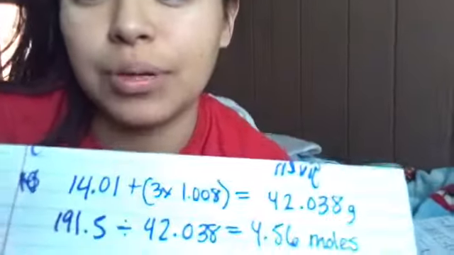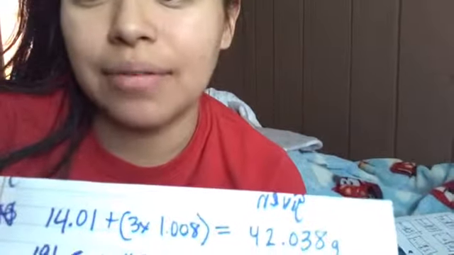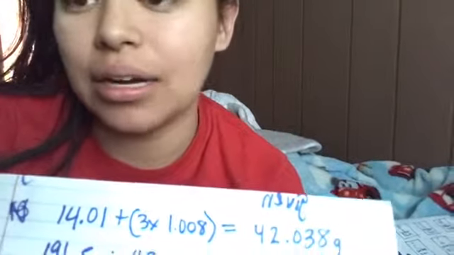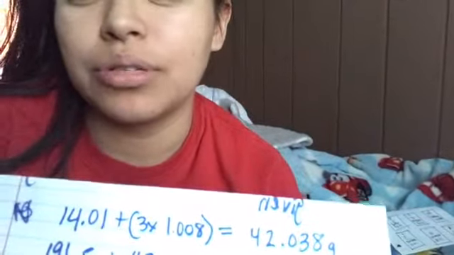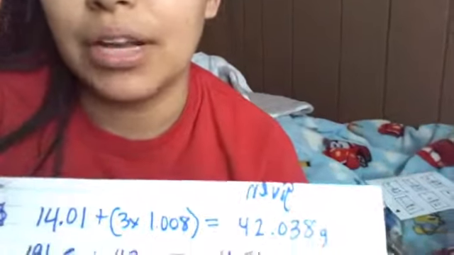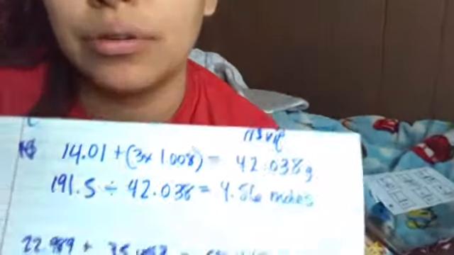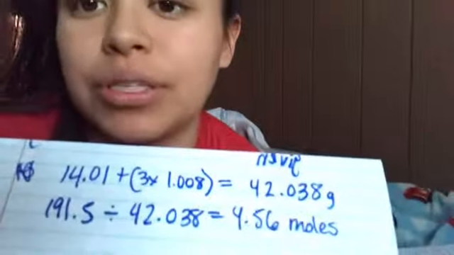So right here, 14.01. Then we have 3 of the hydrogen. So 3 times 1.008. Whenever you add those together, you get 42.038.